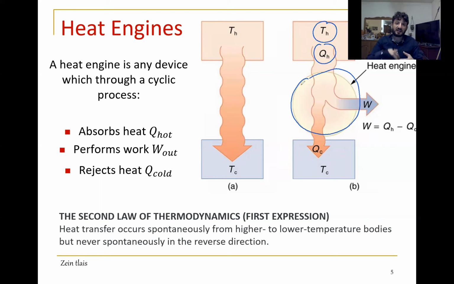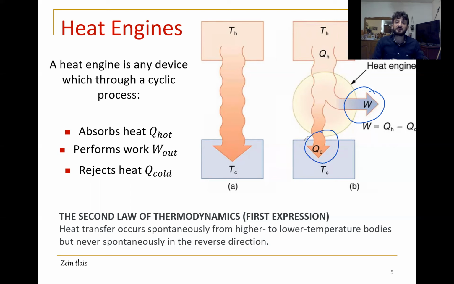The ignition of a mixture of fuel and air will create a high temperature. This heat is added to the engine, and the engine will do a quantity of work by the crank. And at the end we have a quantity of heat lost by the system to complete one cycle.